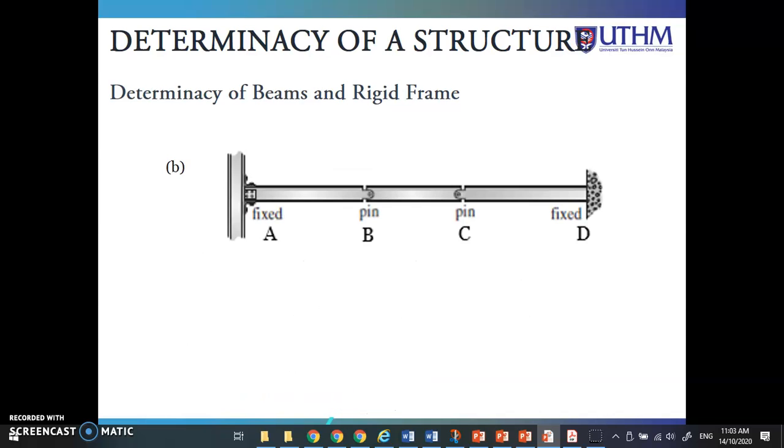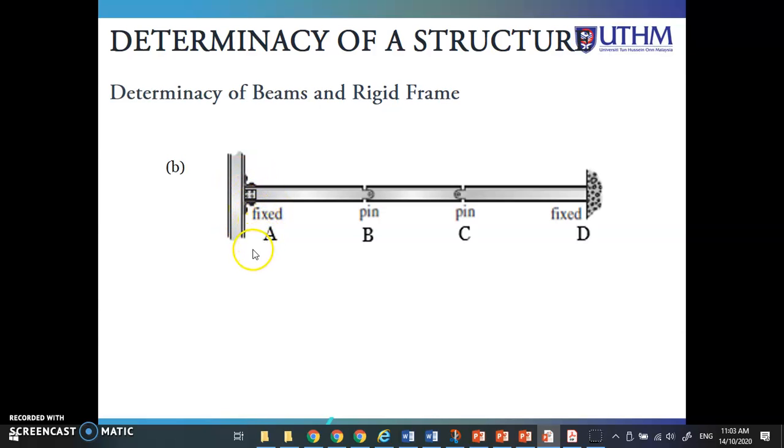For this case, okay, how many parts in this system? N1, N2, N3. So N is equal 3. So reaction at A, we have fixed here.